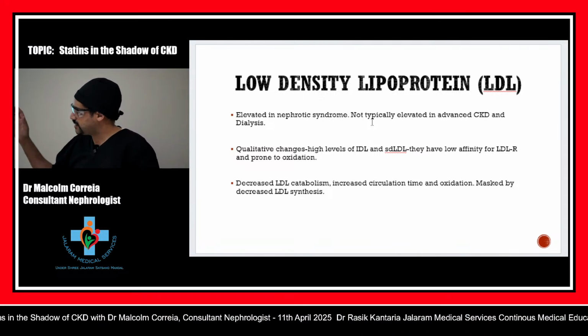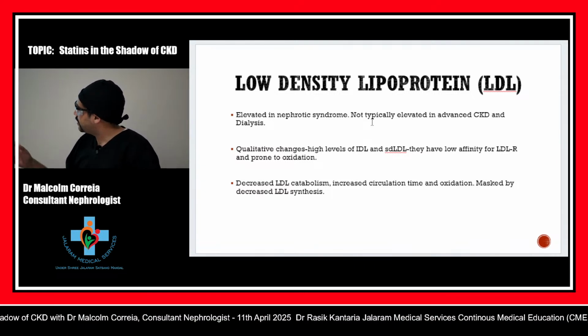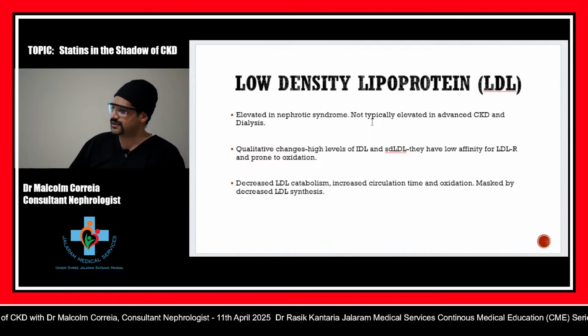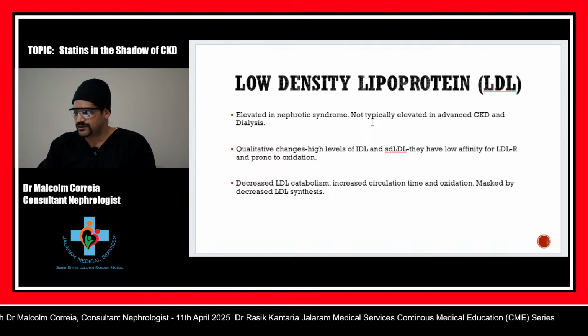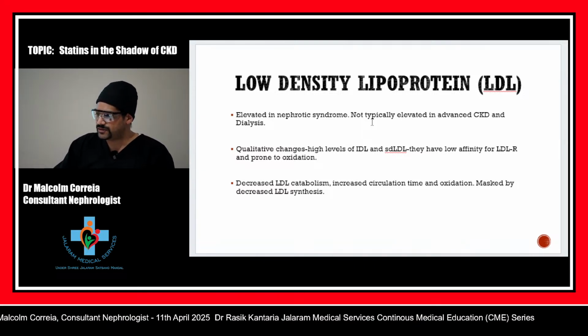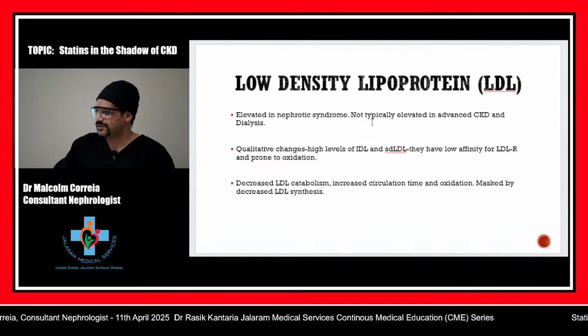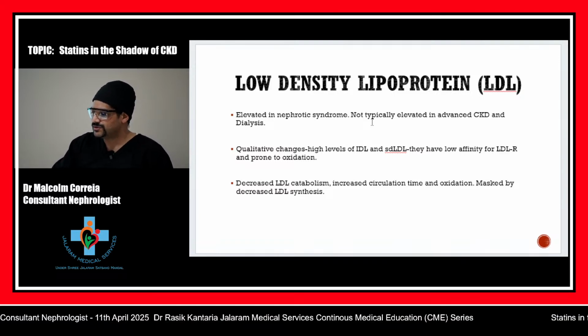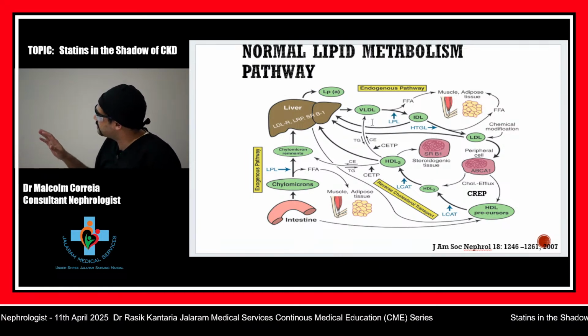This small dense LDL is not really something we can quantify, but they're the ones which are more atherogenic and more prone to oxidation. This decrease in LDL catabolism increases their circulation time plus their oxidation, which we can look at in this diagram.